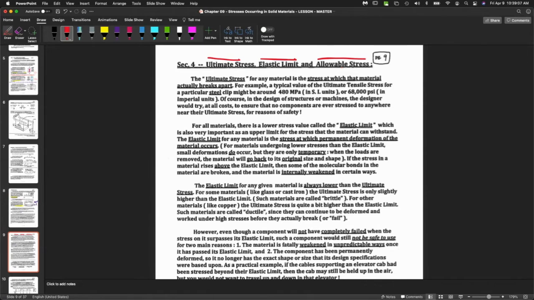I'll give you a very simple example. Let's say that you have a race car. The race car can do 260 kilometers an hour. That's ultimate. If you go to 260, you might damage the engine. But let's say that you only take it to 200. That's elastic limit, meaning I can take it to 200, but then when I go back to zero, the engine's just the way it started.